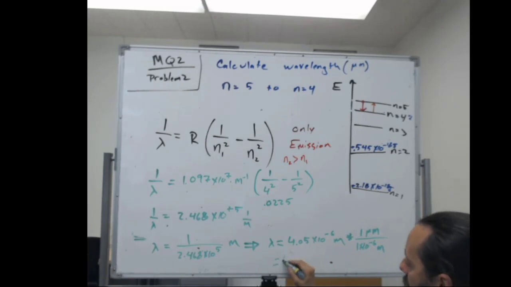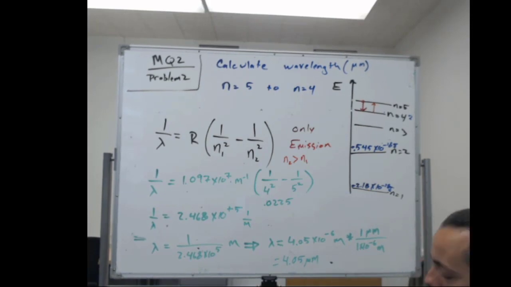And we'll just get 4.05 micrometers. So it turns out that the problem question actually kind of gave a hint of what the answer was going to be, because it asked for the answer in micrometers, and that's kind of a weird unit to ask for unless it already knew that the answer was going to be on the order of micrometers.